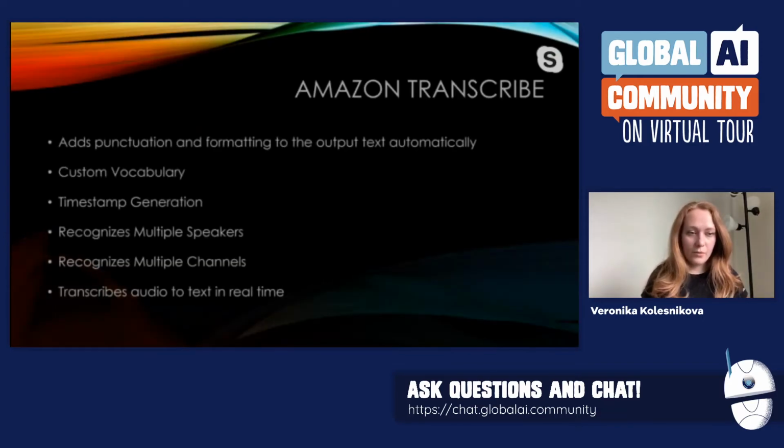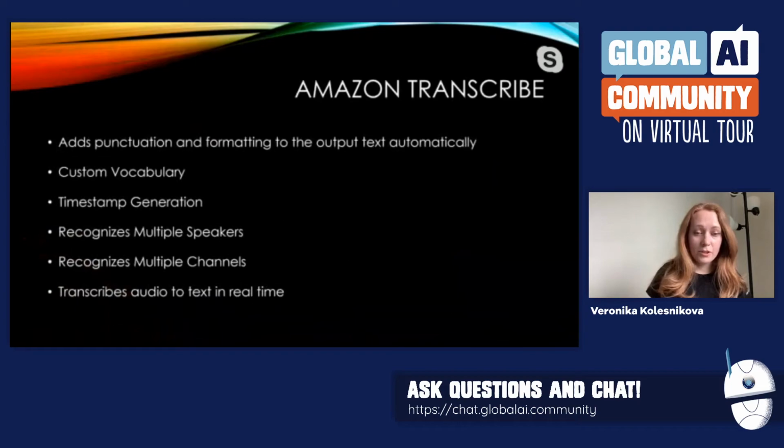But what I found was Amazon Transcribe, and it is basically transcribing, it converts speech to text. You can customize your vocabulary there. It can generate timestamps. It can recognize multiple speakers and multiple channels.